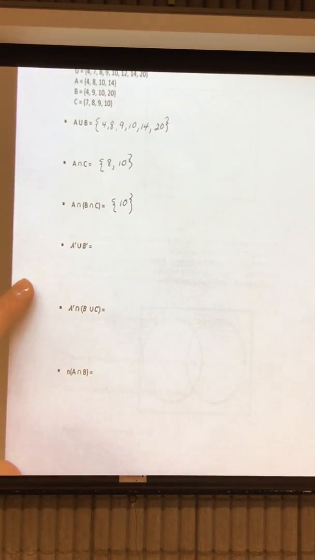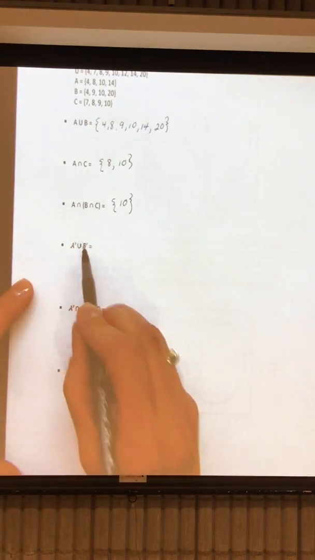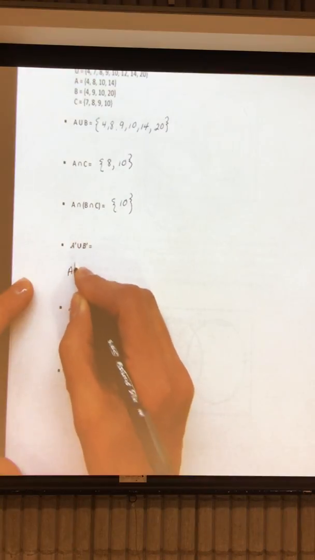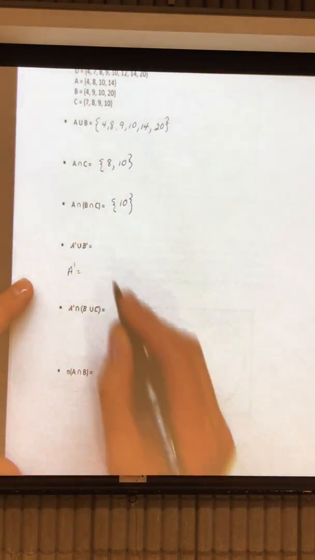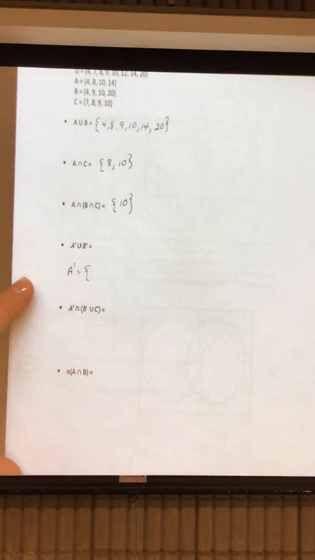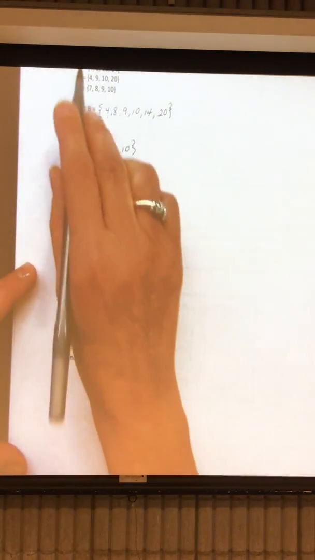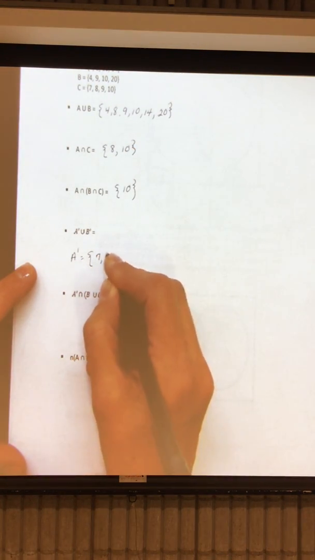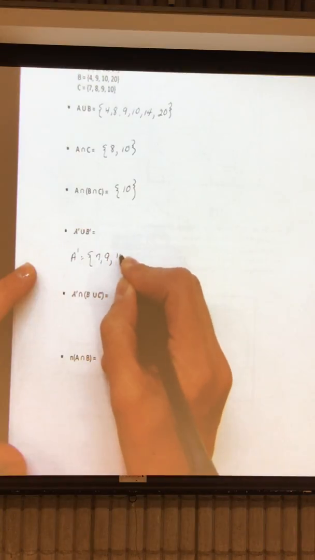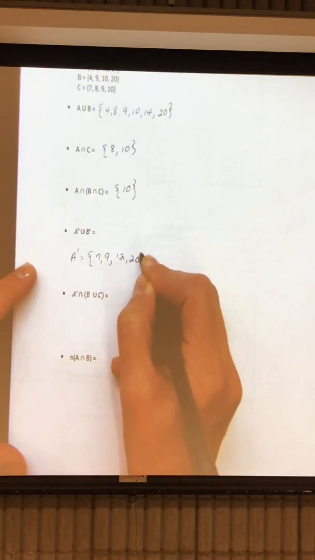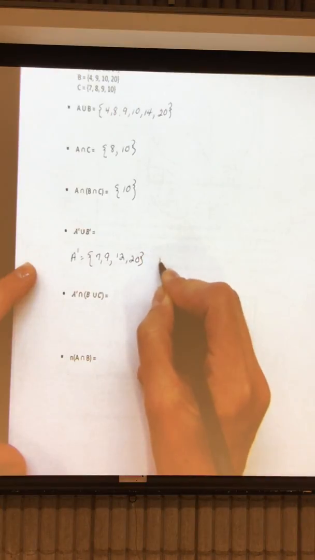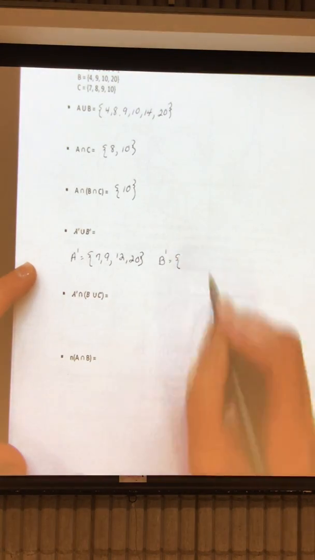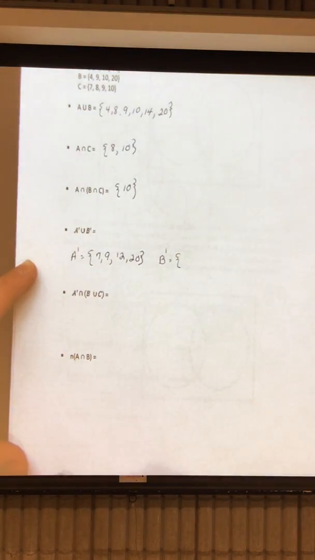The next one we have A complement union B complement. Let's first calculate A complement. And A complement are the elements that are not in A. The elements that are not in A but are in U are 7, 9, 12, and 20. And let's calculate B complement. And those are the elements that are not in B but are in the universal set.